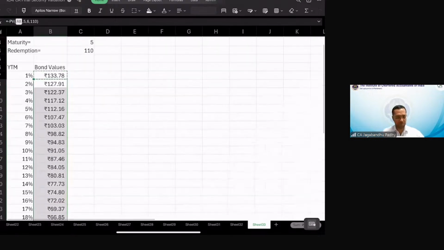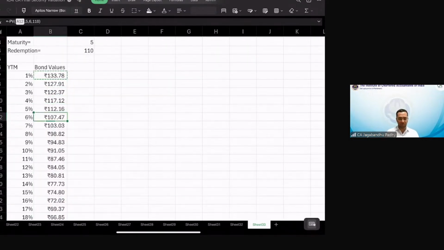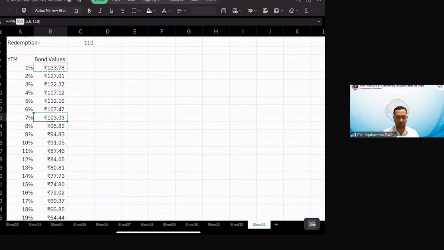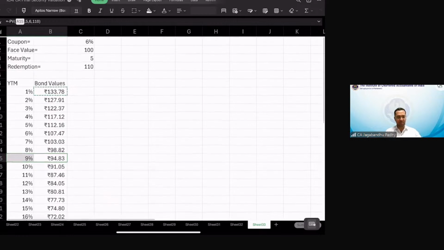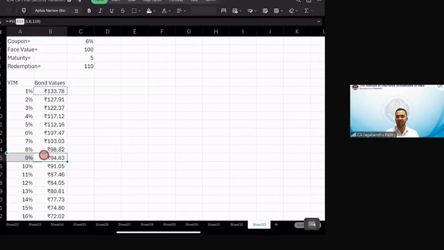Okay. So these are the multiple values of the bond. You can just test any one of them randomly and see if you're getting these numbers. For example, just test this 9%. If the YTM is 9%, can you just check whether you're getting this 94.83? Calculate the value, guys.